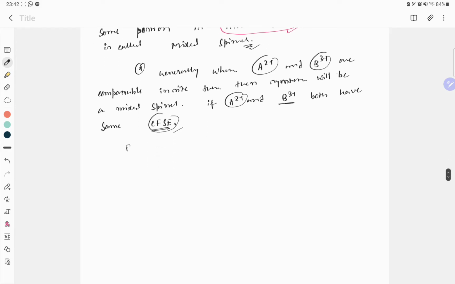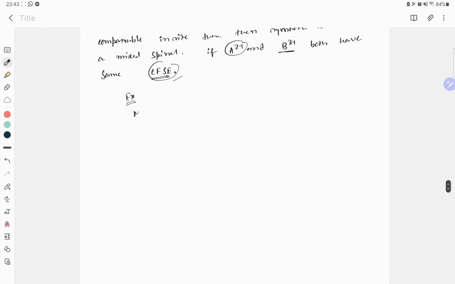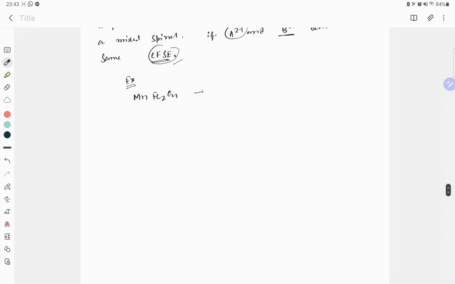As an example, MnFe2O4, that is Mn2+ and Fe3+. Mn2+ CFSE is 0 because this is a d5 system.